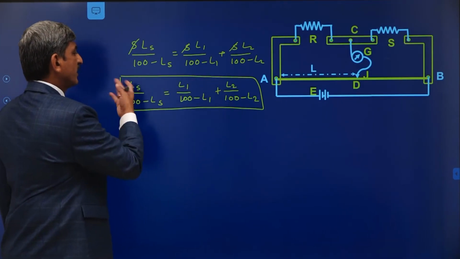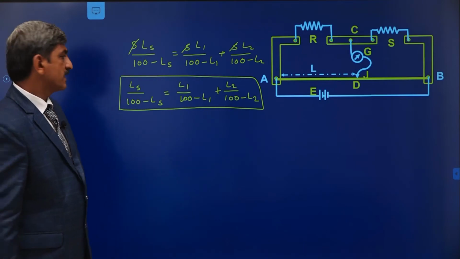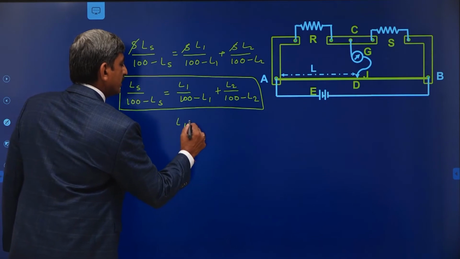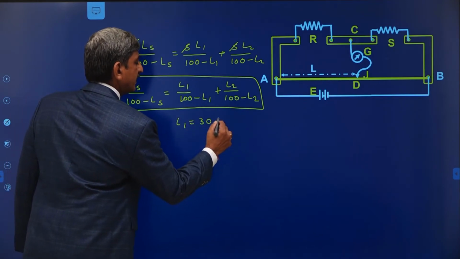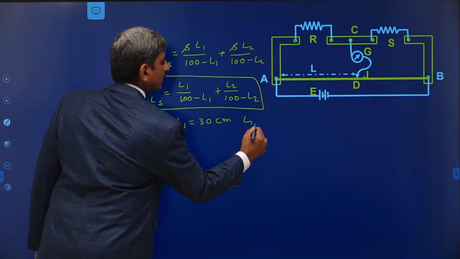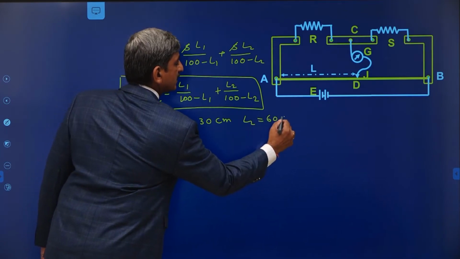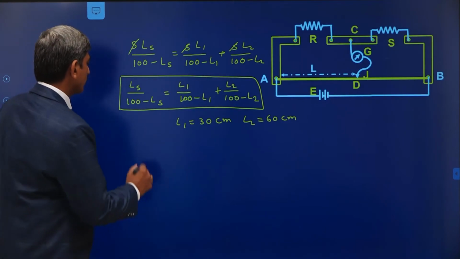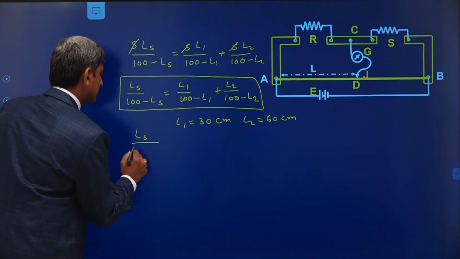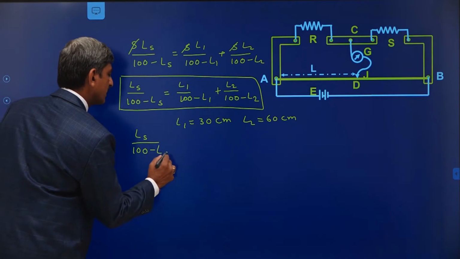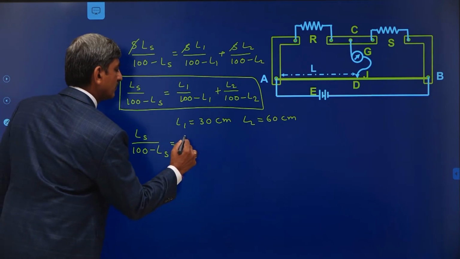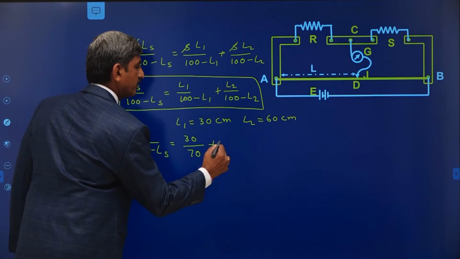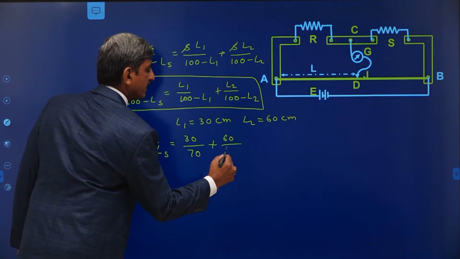L1, L2 values are given. We want to find out LS value. Now in the problem, L1 is given as 30 centimeters and L2 is given as 60 centimeters. So by substituting the values, we have LS by 100 minus LS is equal to 30 by 70 plus 60 by 40.